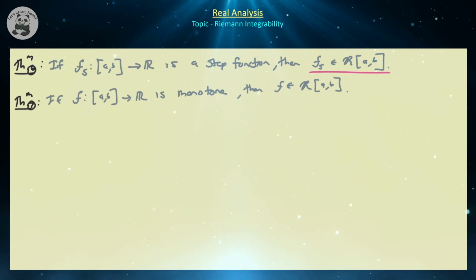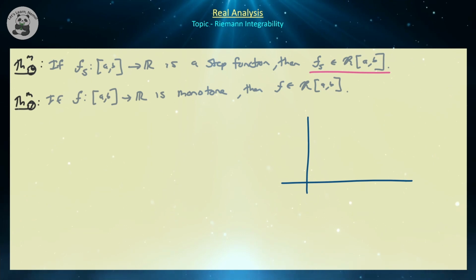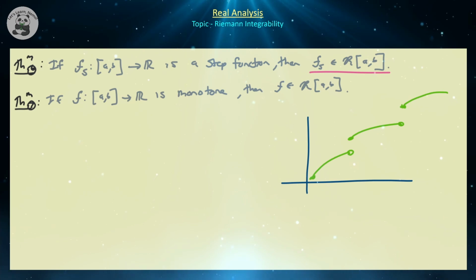Also, keep in mind, if a function is monotone, either increasing or decreasing, not necessarily strictly, that doesn't imply continuity either. For example, we can have this picture here, increasing, this picture here, increasing, and this picture here, increasing.